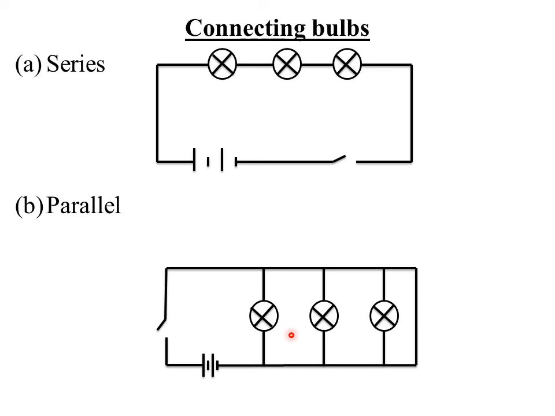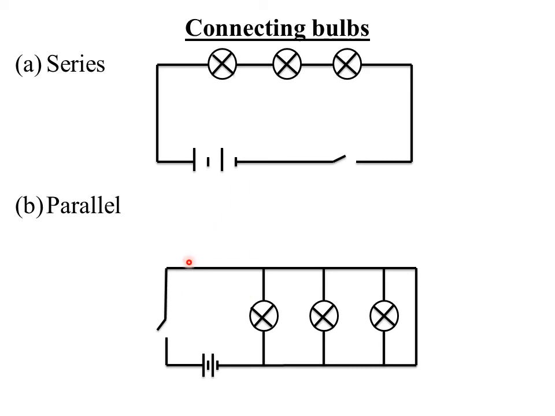So when bulbs are arranged in series, as shown up here, if one bulb is disconnected, the rest go off, since the same current passes through each bulb. Then in parallel arrangement, the brightness of the bulbs is more than in series, and if one bulb is disconnected, the rest continue lightening. So you can be asked to give two advantages of connecting bulbs in parallel and not in series.